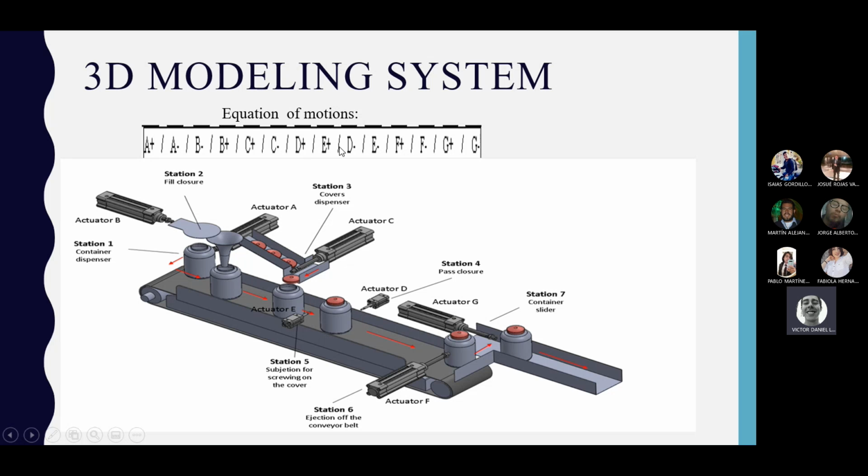Then our next movement is the less, and then the actuator goes back and lets the container travel on the conveyor belt.